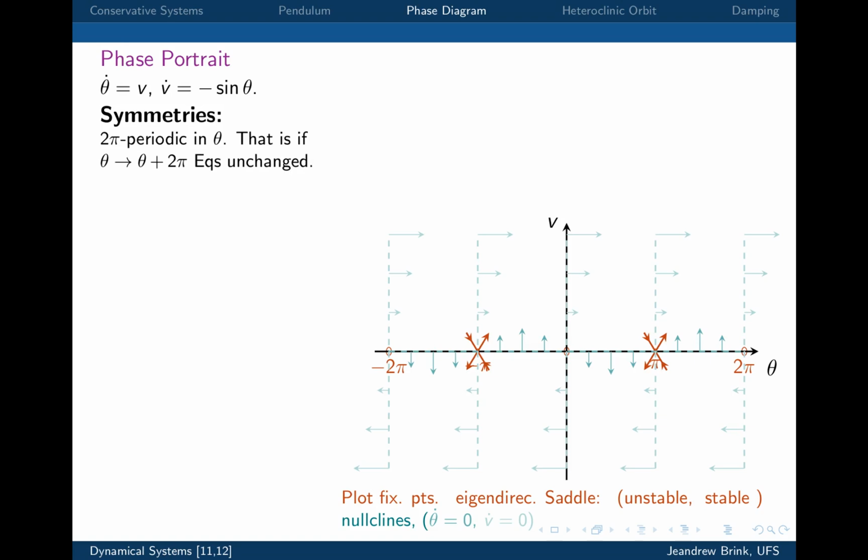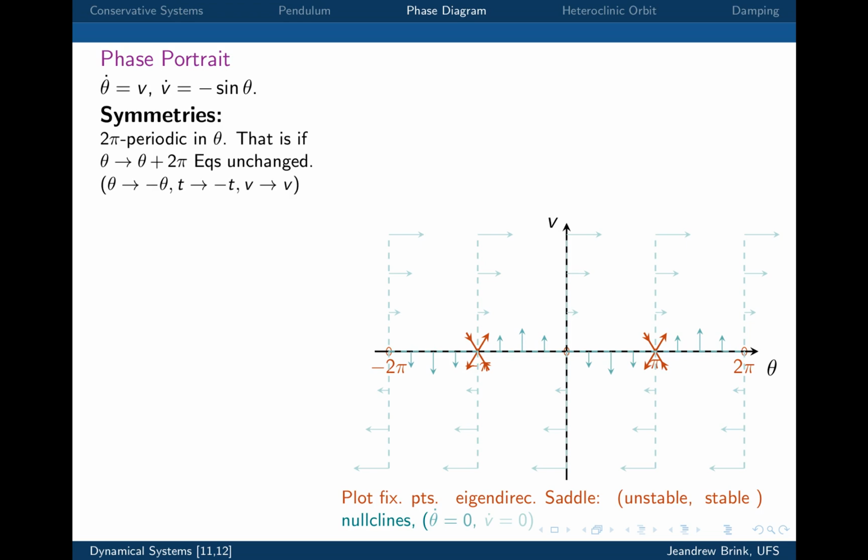So what you expect from the phase diagram is that the part from 0 to 2 pi is going to look exactly the same as the part from minus 2 pi to 0. So in actual fact, I'm plotting double what I need to plot of the phase diagram. It's just to illustrate exactly how it happens, but it's something to remember.